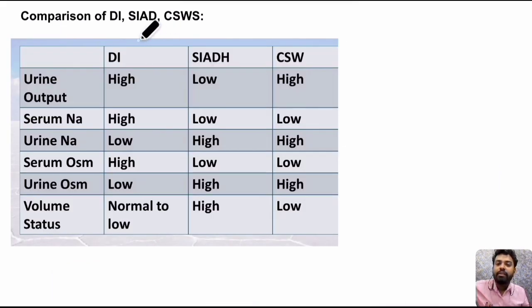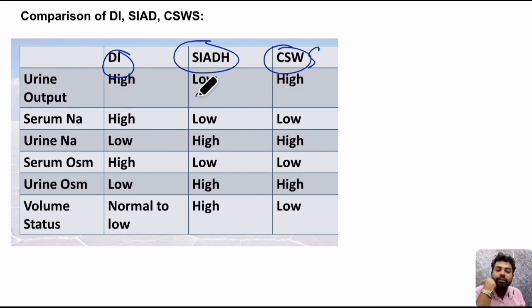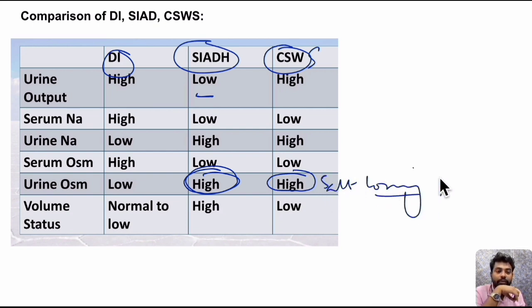So there is a difference between diabetes insipidus, SIADH, and cerebral salt wasting syndrome. So in SIADH, what is happening? Urine output is low, and urine osmolarity is high. This is important. Urine osmolarity is high here also, because of net salt loss. You are losing salt very much, all types of salts.